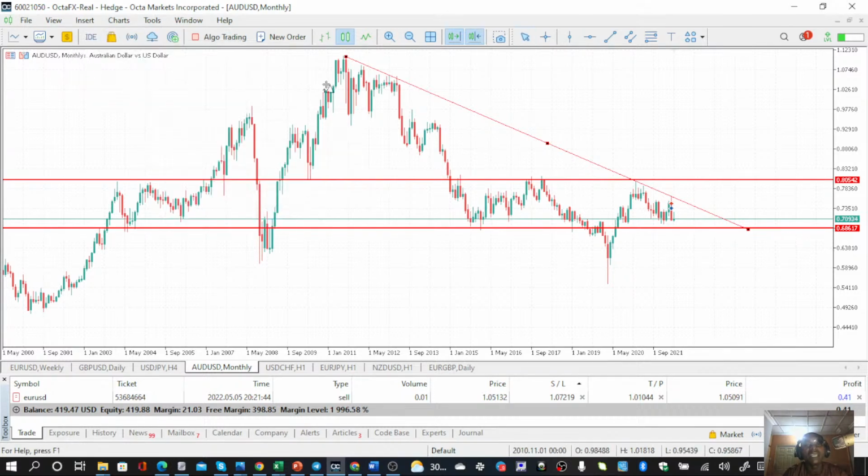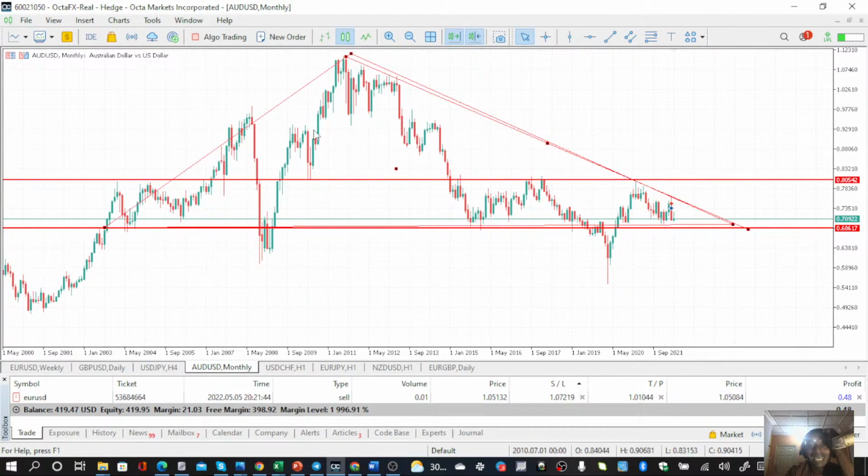A descending triangle on the monthly time frame. Look at this.